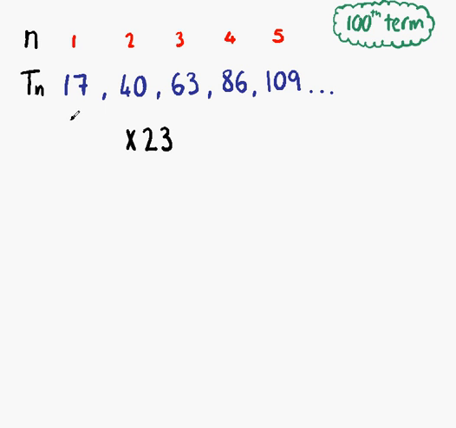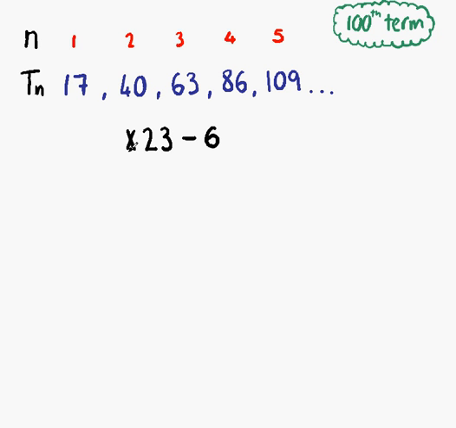Let's see if that works. 23 times 2 gives 46. Again, if we subtract 6, we get 40. 23 times 3 is 69. If we subtract 6, then again we get our term, 63. So it's times by 23, subtract 6.